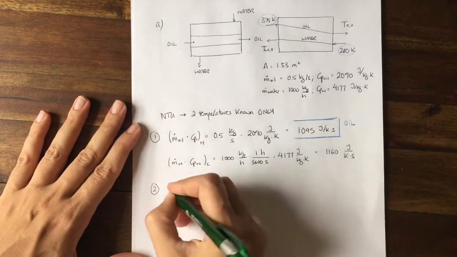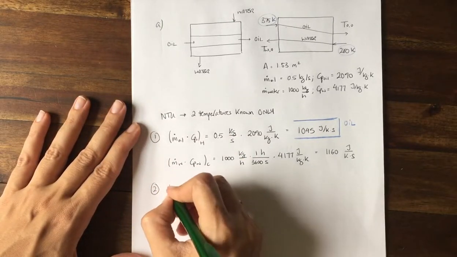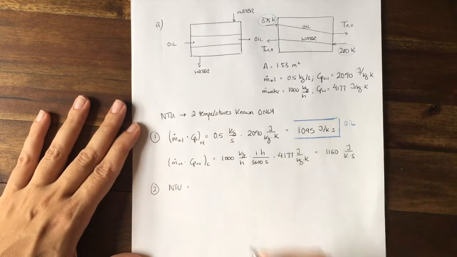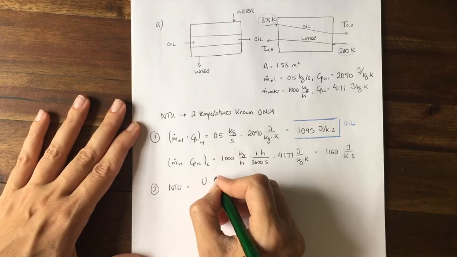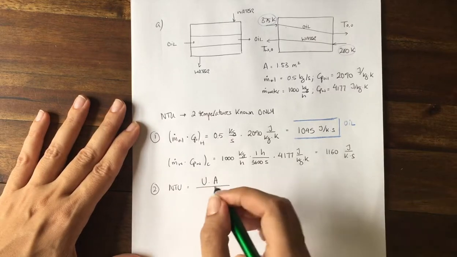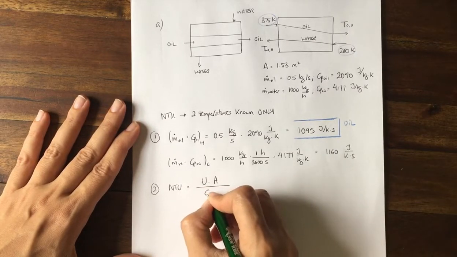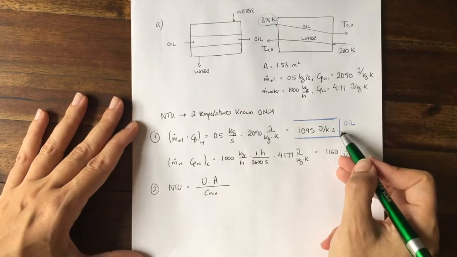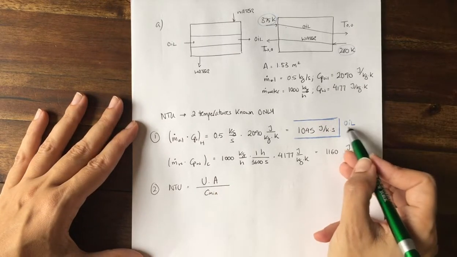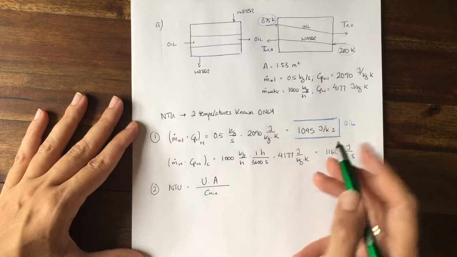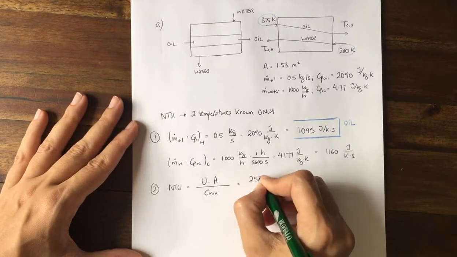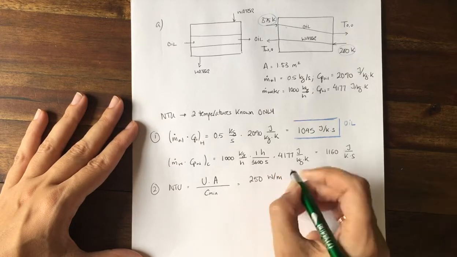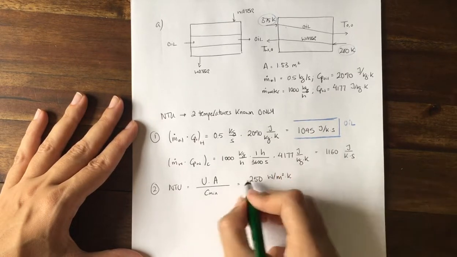Then we apply the definition of the NTU, and this is equal to the overall coefficient U times the area over the minimum capacity, which we have already identified from oil. The overall coefficient is 250 watts per square meter per Kelvin.